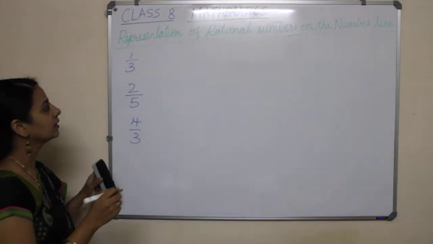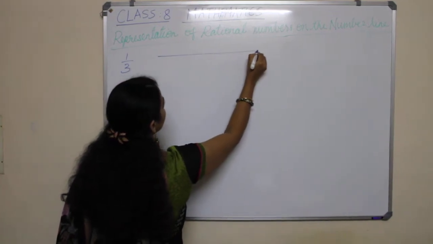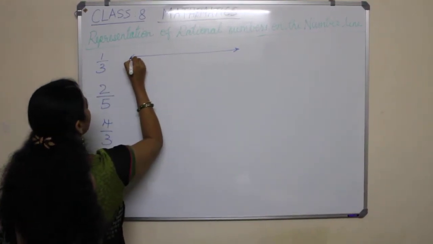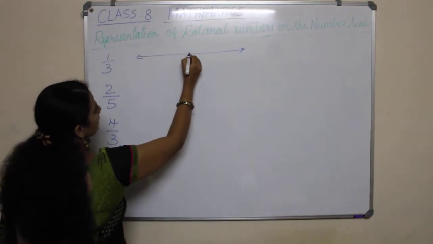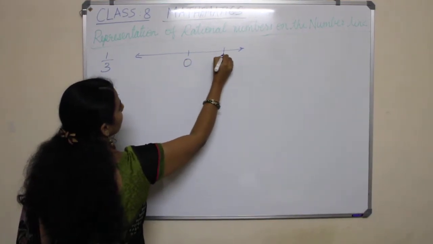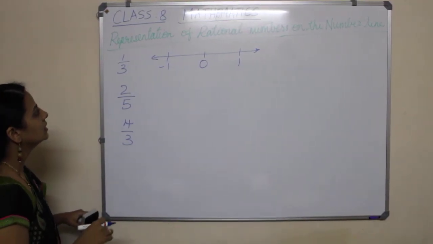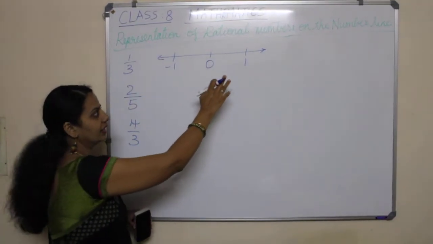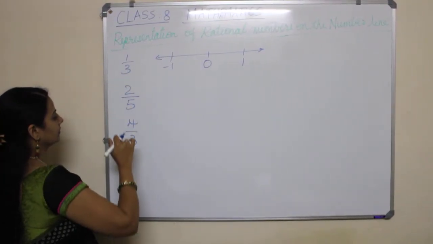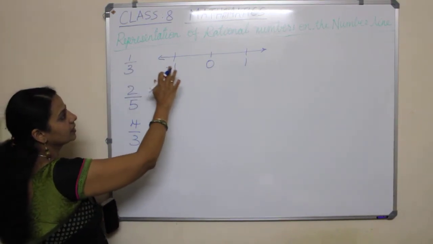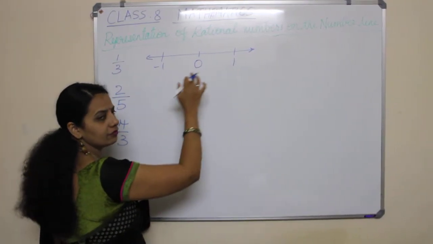Let us represent these on a number line. So this is your 0 in the middle, then this is 1, and then this is -1 over here. So 1/3 is less than 1 and it is a positive number, so it comes between 0 and 1.